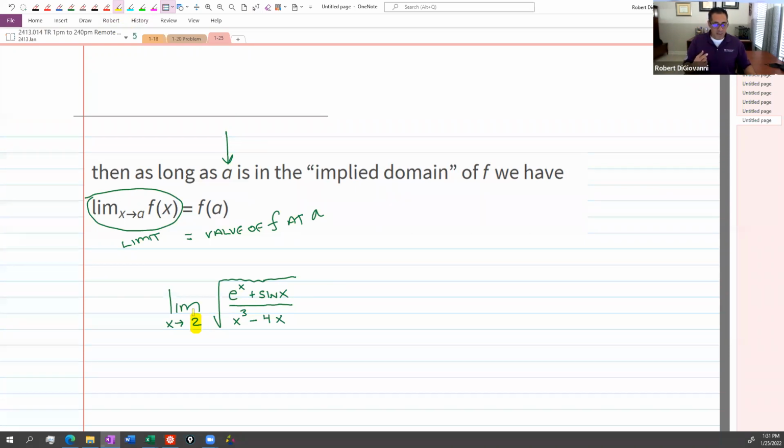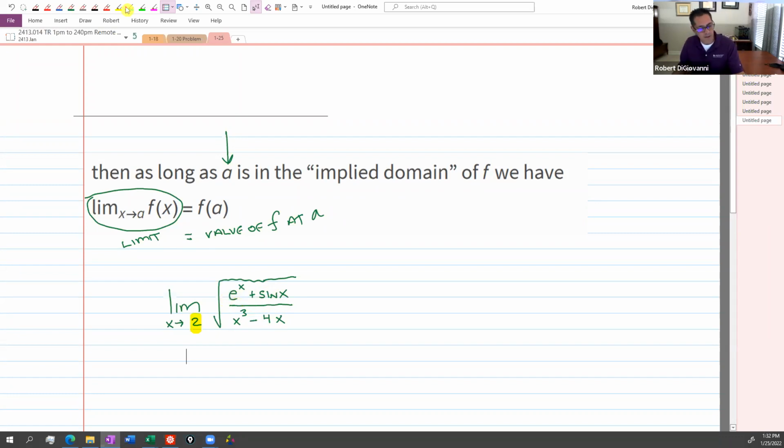I'm going to first ask myself, is this function something that I've seen before in the past? Is it a polynomial, rational, logarithmic, exponential, or trig function? Well, not all of it together, but individually, the pieces are things I've seen, right?